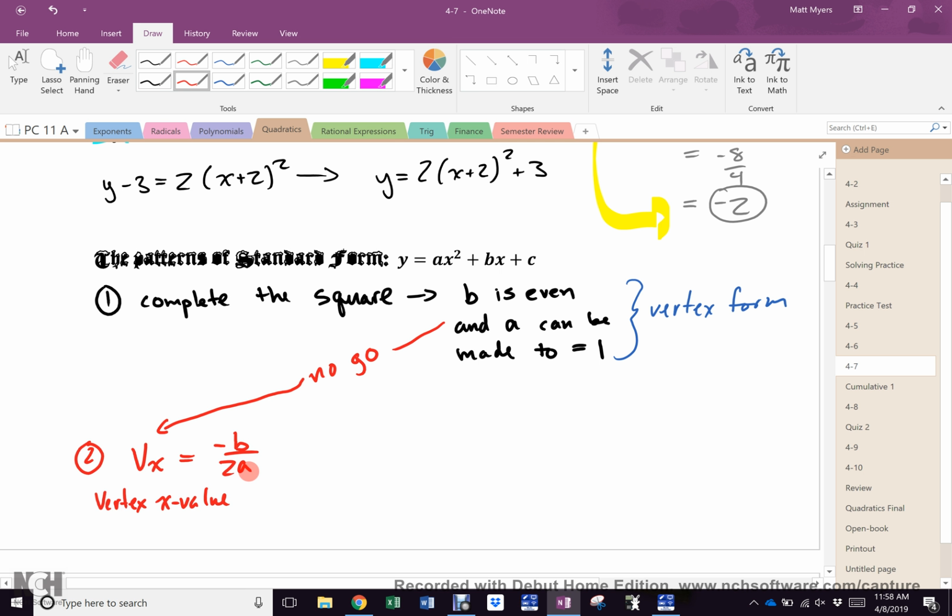Everyone agrees? I just proved it to you, right? Negative b over 2a will give me what? It gives me an x value, yes? How does that x value help me? Where can it go? Where can I put any value I get for x?